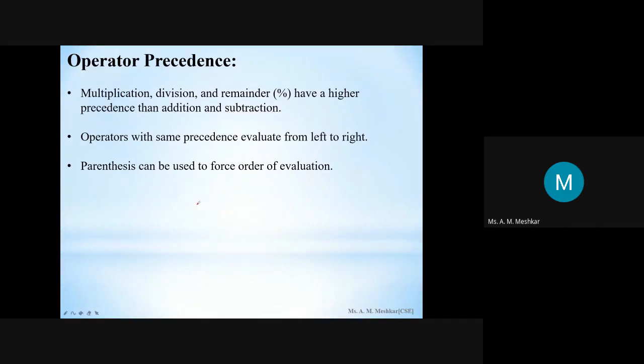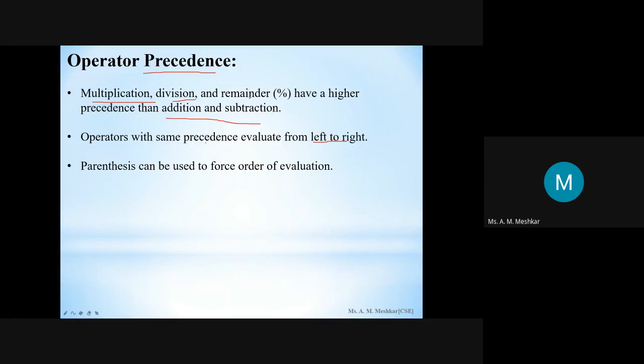The basic BODMAS rule applies here also. You are already familiar with the precedence of arithmetic operators. Multiplication, division, and remainder have higher precedence than addition and subtraction. Operators with the same precedence are evaluated from left to right.